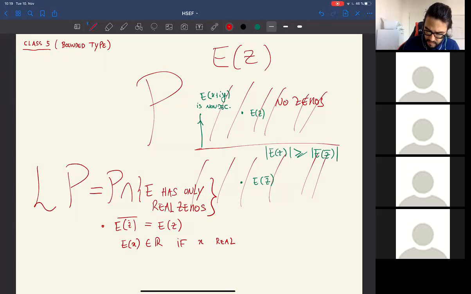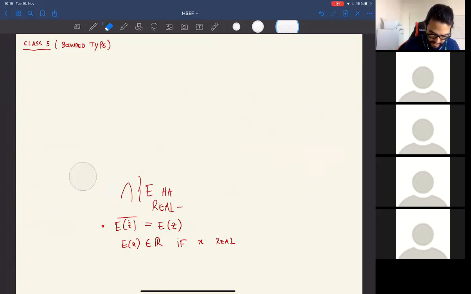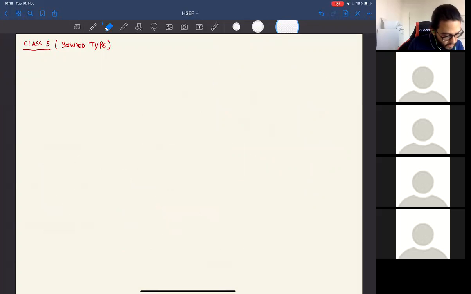Okay, today we'll be talking about a different kind of class, and this is the bounded type functions. So let me make a definition first.